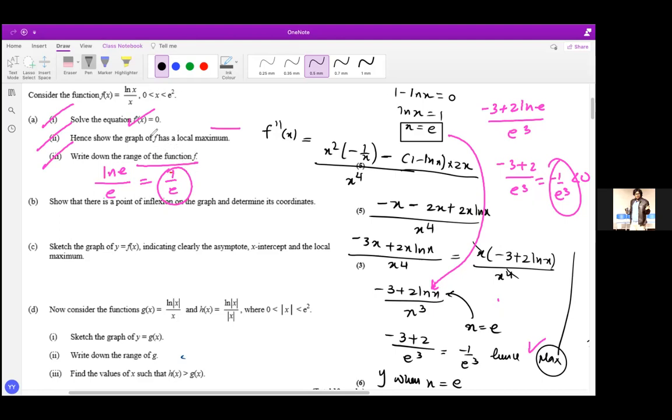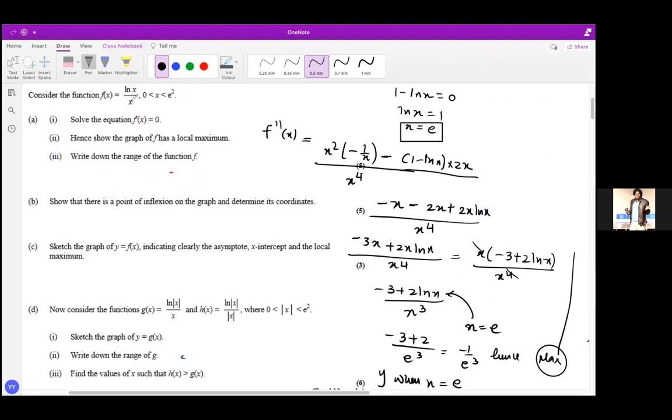So for the range of the function, since it's a log function, you know that log functions have a range of all real numbers. But since there is also an x in the denominator, you have to be very careful about the horizontal asymptote. As x tends to infinity, you will notice that ln x is going to grow at a slower rate than x, so it is going to have a horizontal asymptote.